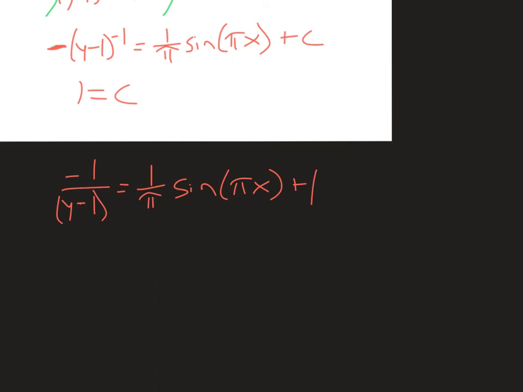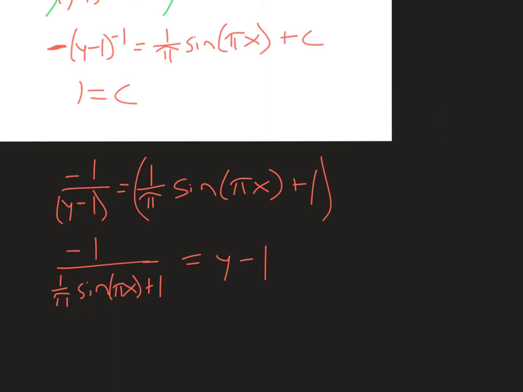And so we're going to have y minus 1 over on the other side, and then divide all of this back to the left. So we're going to get negative 1 over (1 over pi sine of pi x plus 1) equals y minus 1.